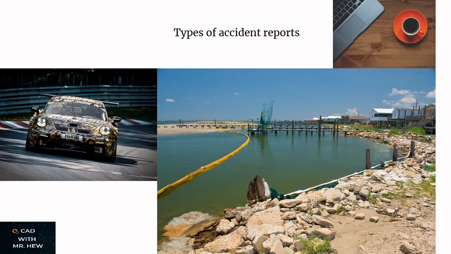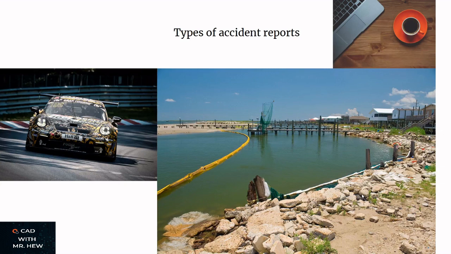So a small accident report might be for an everyday incident, like a car accident report. But if you have a major accident that occurred, then additional information will be needed in the document.